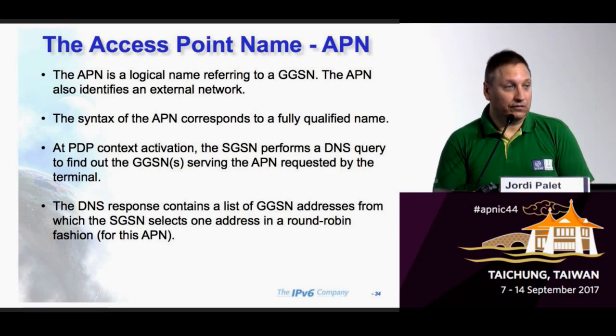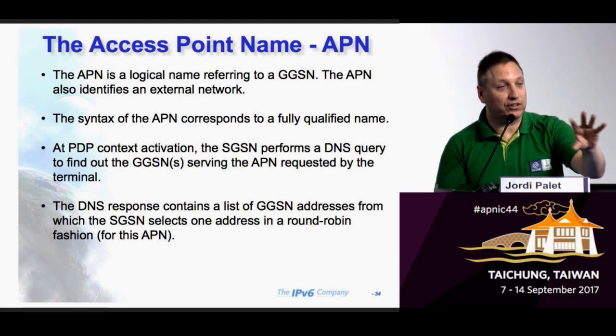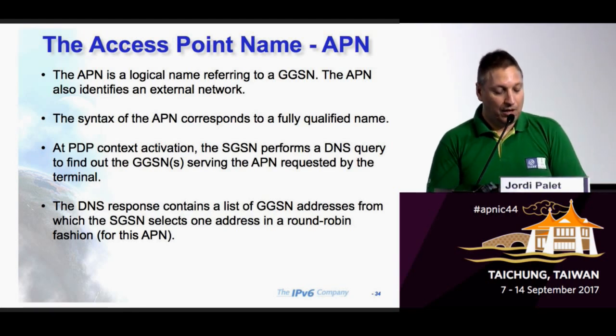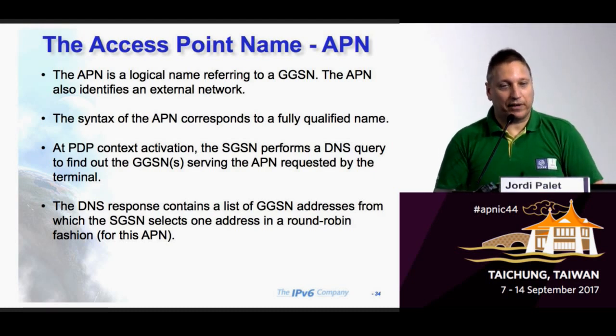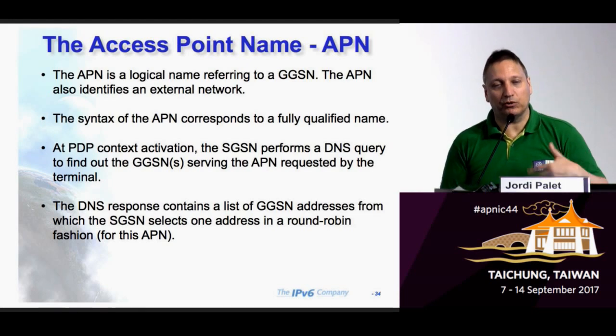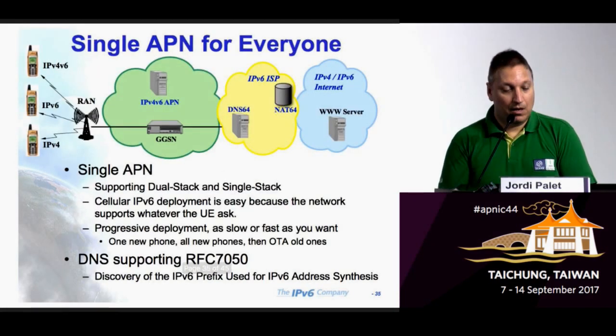And then the DNS response contains the addresses of the devices they need to connect. Usually, there are several of them, so they are selected by round robin. So that's something very standard. Even if you don't know about cellular technology, you can understand what is round robin.